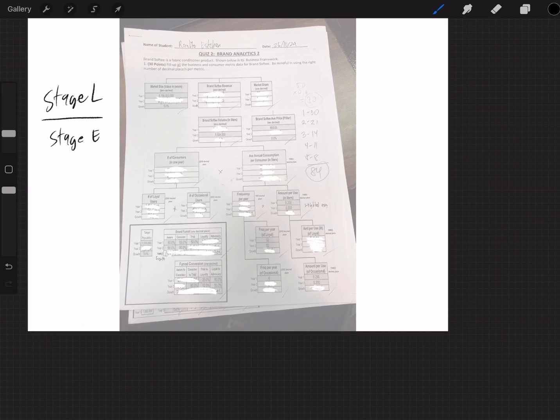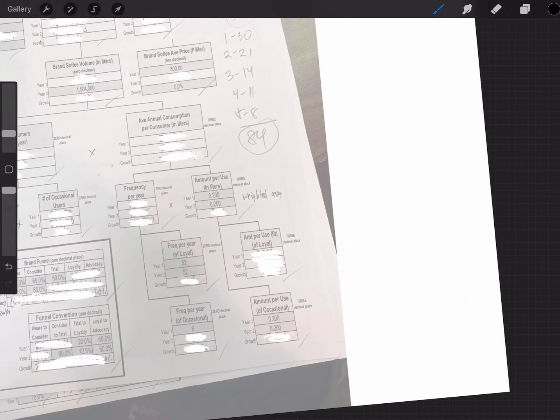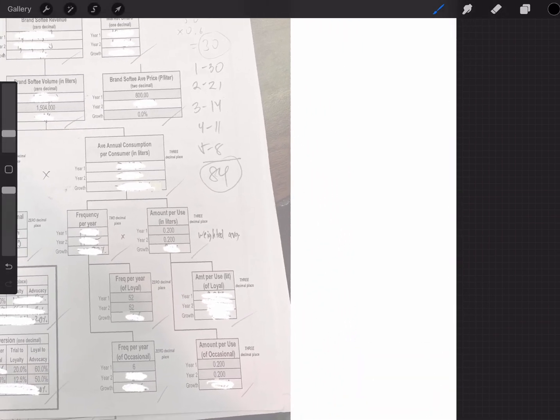And then for the weighted average, it's going to be quite a long syntax. This can be either frequency or amount per use. We'll just use frequency as an example.